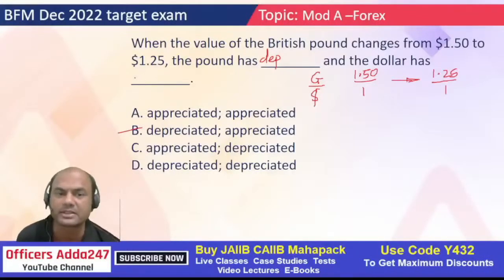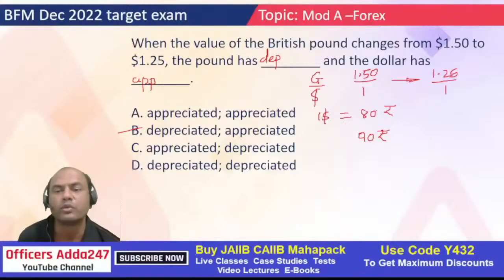Always remember, when one currency depreciates, the other currency against which it is compared immediately appreciates. Now I'll give you a simple example. $1 equals, let's say, 80 rupees. If tomorrow this rate goes from $1 equals 80 to $1 equals 90 rupees, who has depreciated, rupee or dollar?